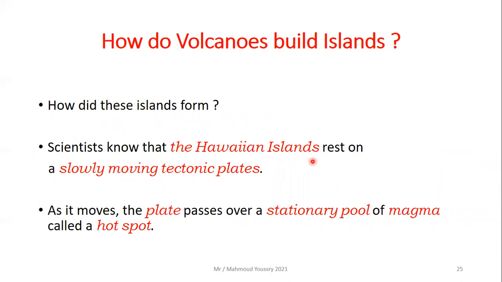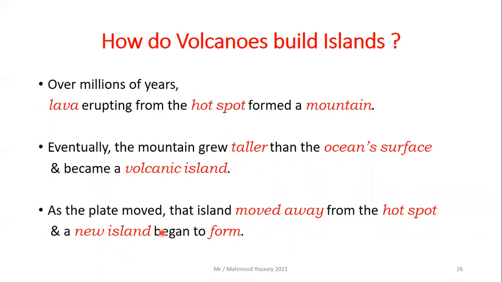Scientists know that the Hawaiian Islands rest on slowly moving tectonic plates. These plates are moving all the time. As it moves, the plate passes over a stationary, a fixed pool of magma, which is named a hot spot.